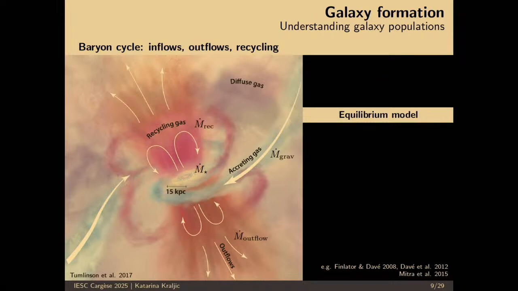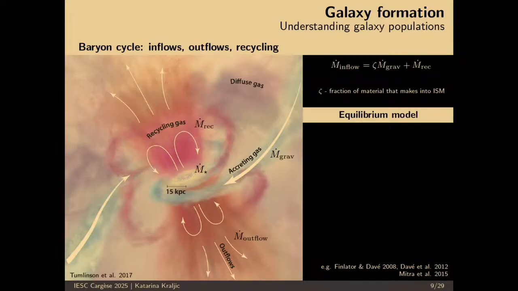On larger scales, we have the incoming gas that is accreted from really large scales. Let's call it the inflow rate, essentially the mass that is inflowing per unit time. On larger scales it is driven simply by gravity, so that's this M dot grav.